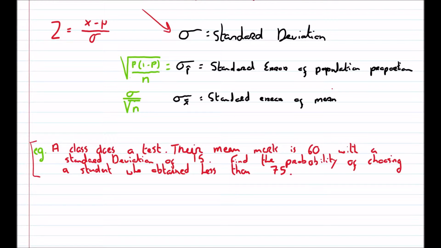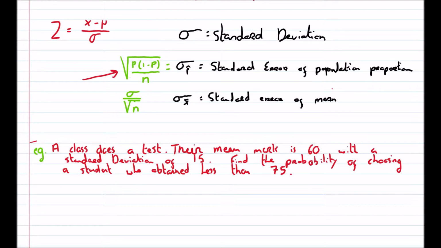We're just using our z-score to find the probability of choosing a student who obtained less than 75 marks. Okay, so that is a very straightforward z-score in which we have the mean mark, then we have our score, and then we have our standard deviation. Okay, and we get the z-score, and then we use our tables to get the probabilities.